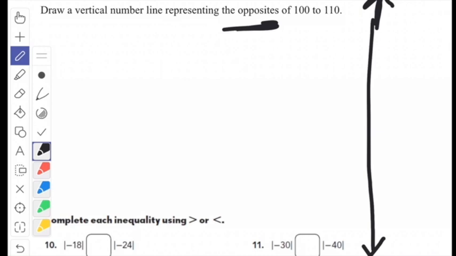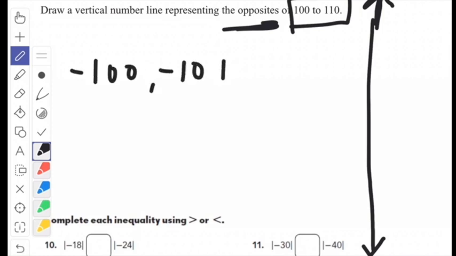So when I see opposites, I look at 100 to 110, and I know the opposites are -100, -101, and so forth until we get to -110.